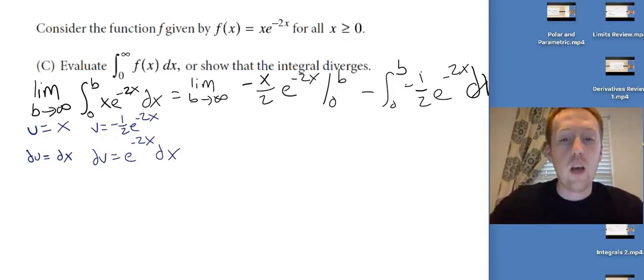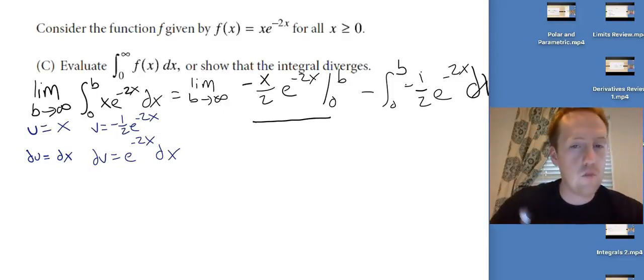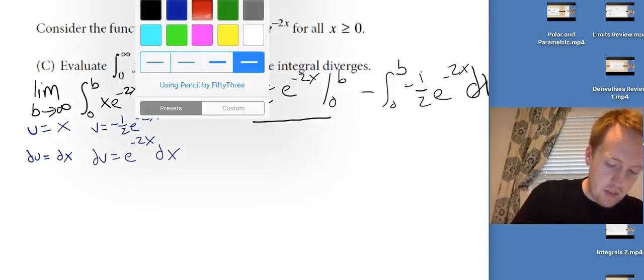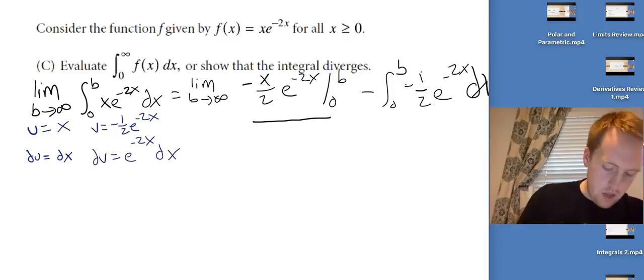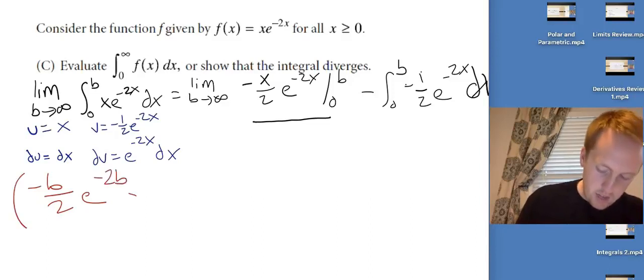Okay, a big thing that I've noticed a lot of people tend to forget: that first term also gets the bounds. We have to have the bounds on that as well, so make sure you don't miss that. So let's go through, find the antiderivative, plug in the bounds, and see what we get. So this is negative b over 2 e to the negative 2b, minus 0, minus, well, let's make this plus 1/2.